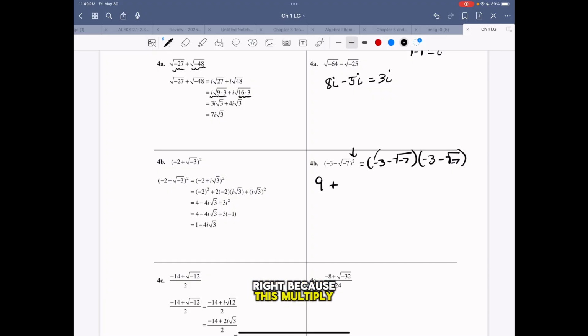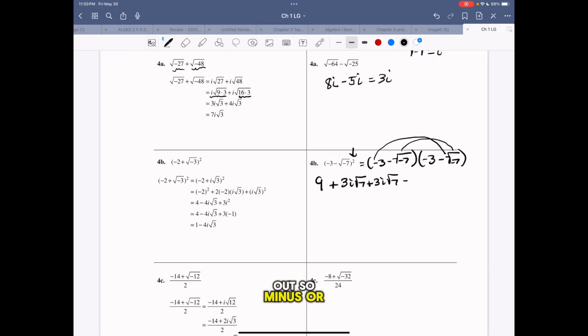Because this multiplied times this would make it plus, but then there's i outside, right? So we'll just put 3i. So 3i square root 7 plus 3i square root 7. And then when you multiply these two, I'll just write it out.